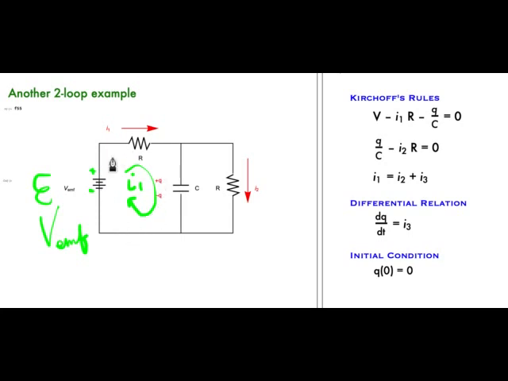So let's take a current in this direction, I1. And then there'll be a different current, I2. So here's I1. Here's I2. Now, there'll be a third current here. And we'll call that, I guess, I3.